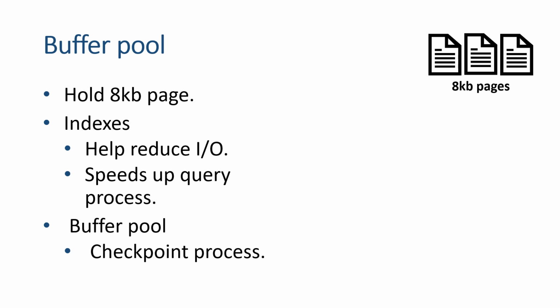For example, if you do a select star from a heap table, the buffer pool has to go grab all those data pages into the buffer pool and do the operation there, which is very IO intensive because it has to make many trips to grab all those pages. But if you put clustered and non-clustered indexes on top of it, the buffer pool will have less IO to go and grab those pages, which will speed up the query process.